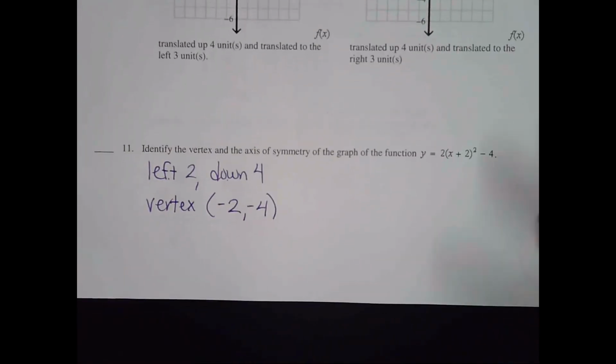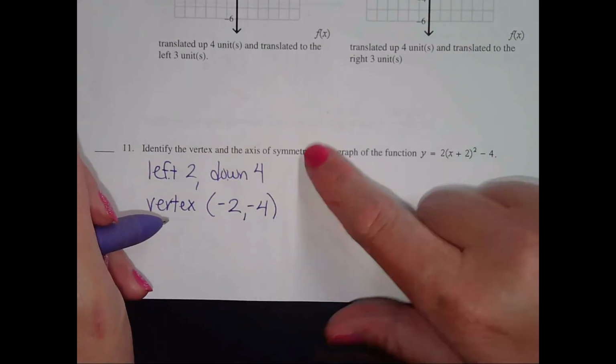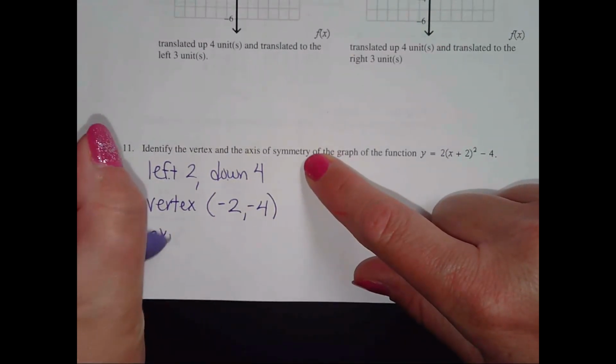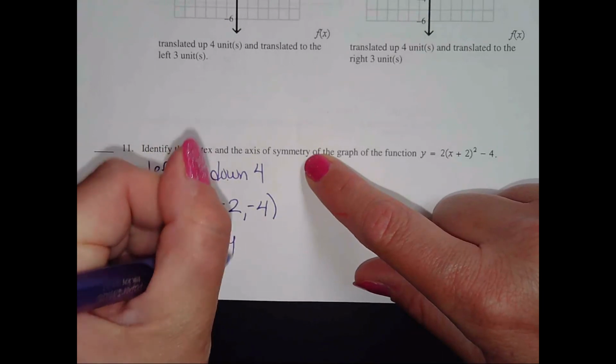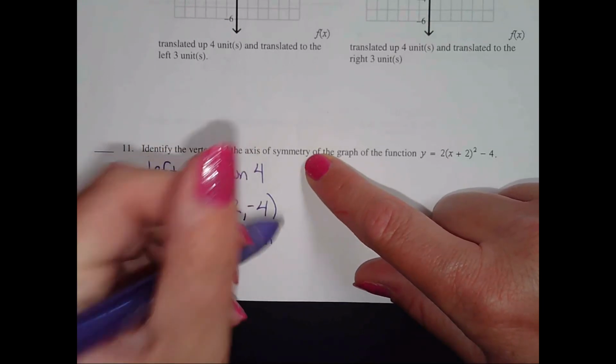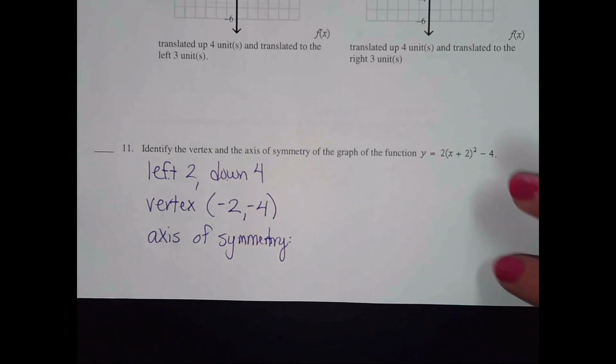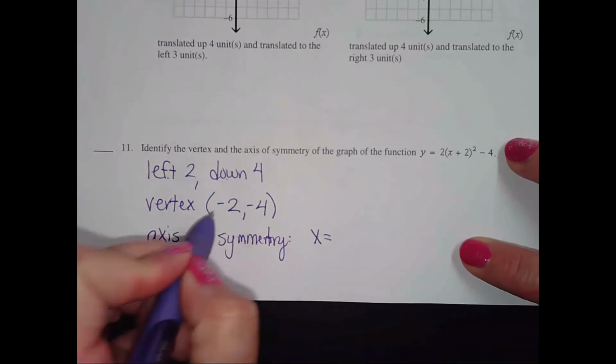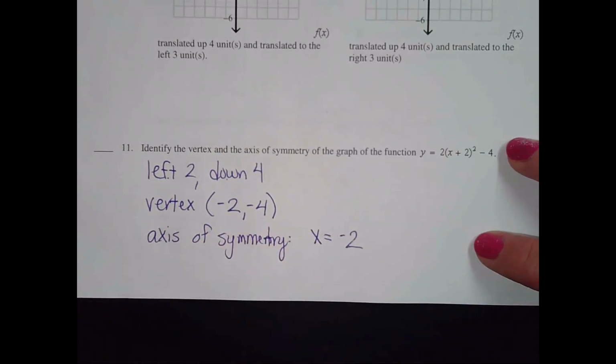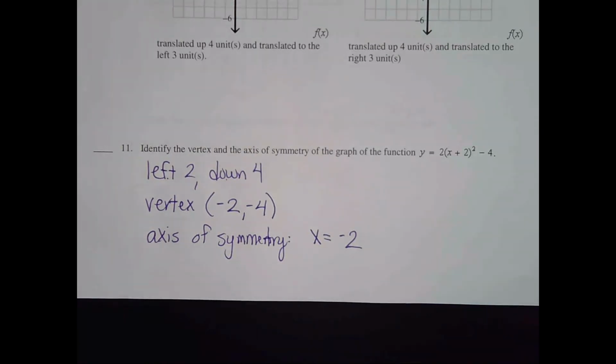It also wants the axis of symmetry. So what would the axis of symmetry be? X equals the x value of your vertex, so x equals negative 2.